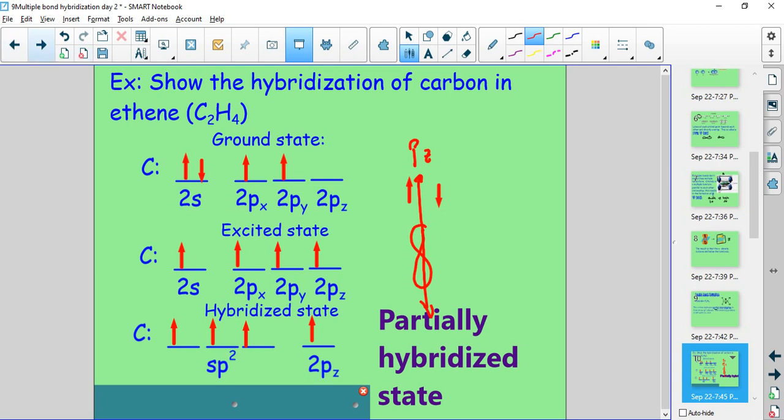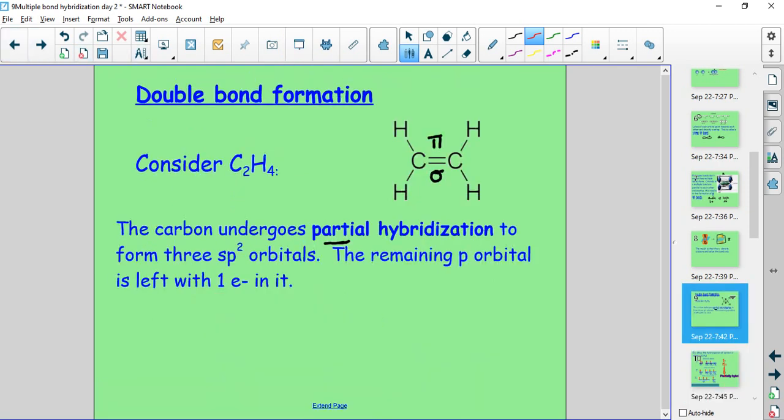Now, going back, the same thing is happening. I've shown you the partial hybridization on this side, specifically for carbon. The same thing is happening on this side, so we will have the same partial hybridization on that side for that central carbon. So the 2pz unhybridized state for this carbon will directly overlap spatially with the 2pz unhybridized electron for this carbon.